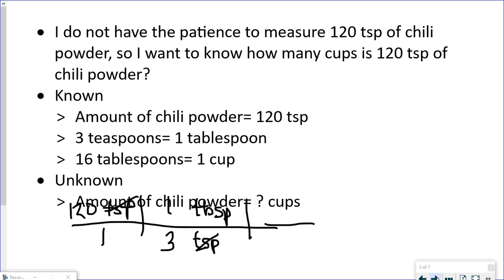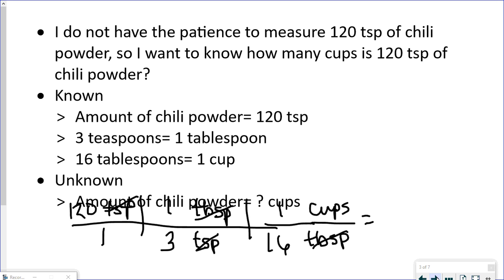So since we no longer need the unit of tablespoons and it's currently on top, that will go on the bottom of our next factor, and we can use that to change into cups. Now, from the conversions that I know, 1 cup is equal to 16 tablespoons. So that would cancel out the unit of tablespoons and leave me with cups.